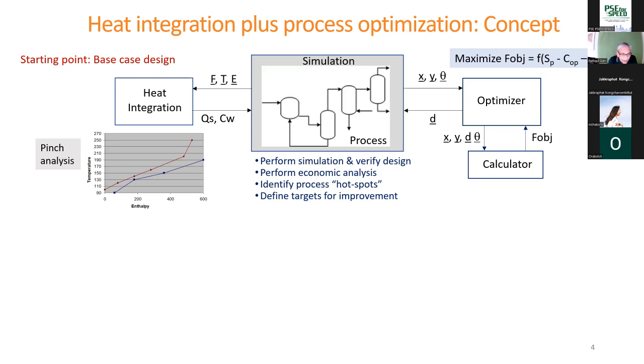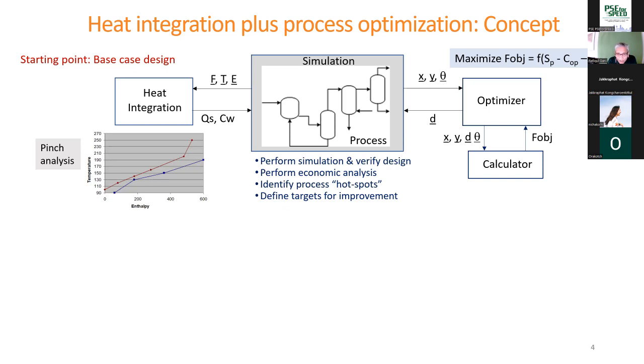I will go through this in more detail later, but we can do pinch analysis, which is a graphical technique. If we want to optimize, we cannot use the graphical technique because we need a mathematical formulation of the problem.